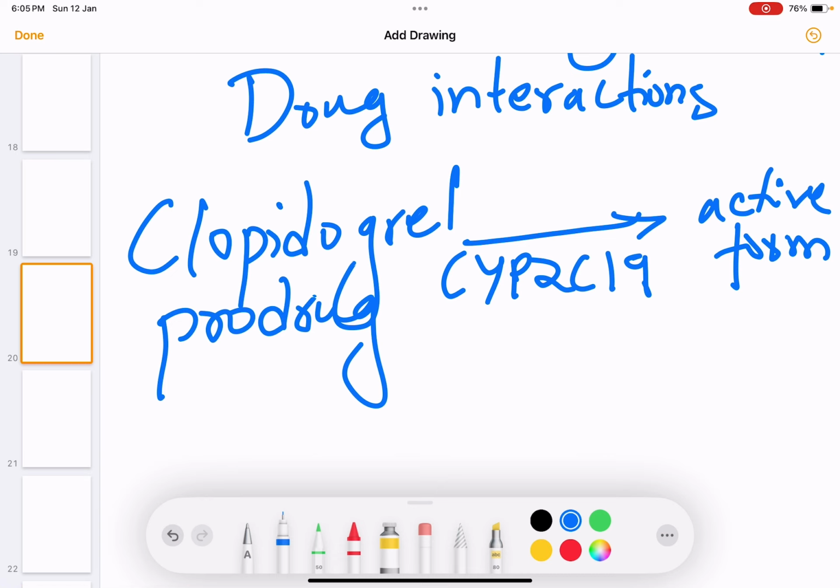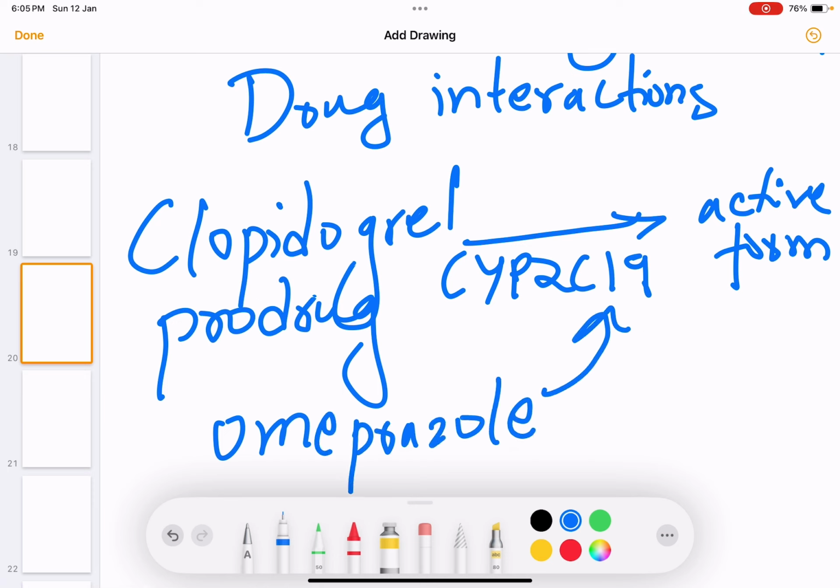But if a patient is given omeprazole concomitantly, then omeprazole inhibits this CYP2C19. When CYP2C19 is inhibited, clopidogrel cannot be converted to its active form, and thus there is failure of clopidogrel therapy, and it can increase the risk of stroke and heart attack.